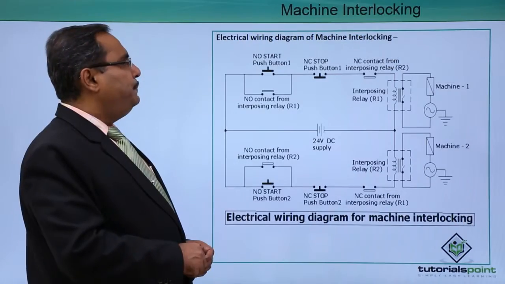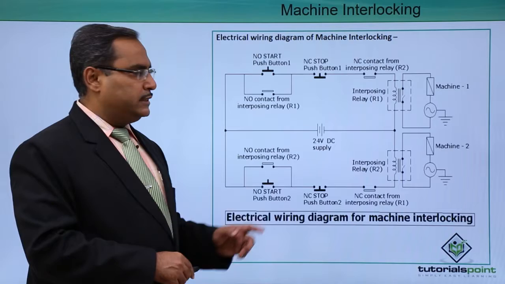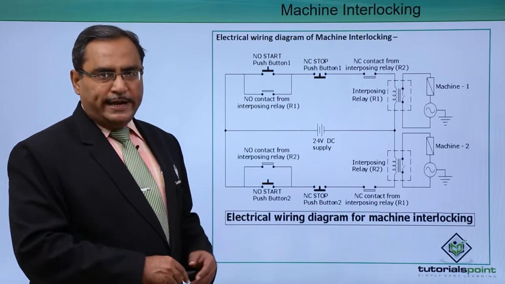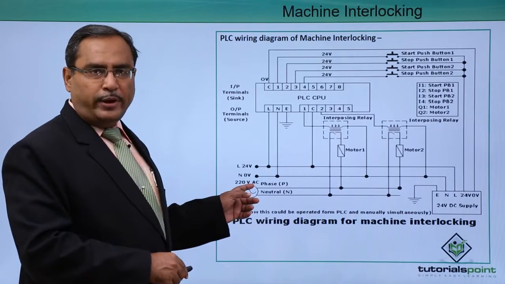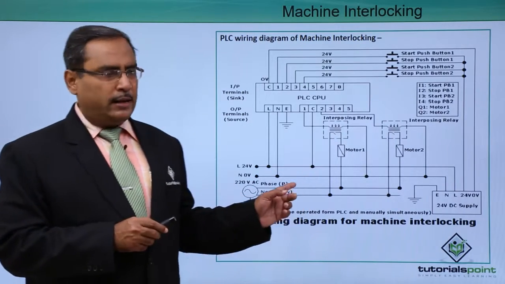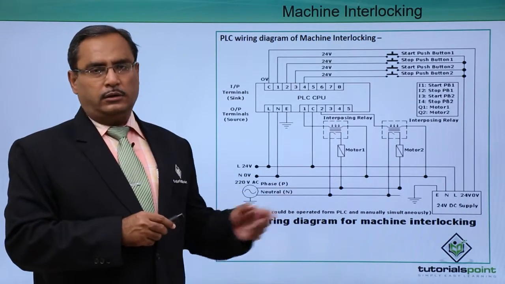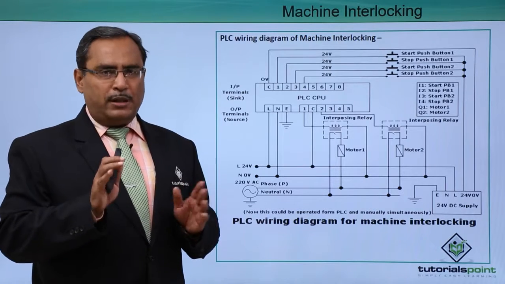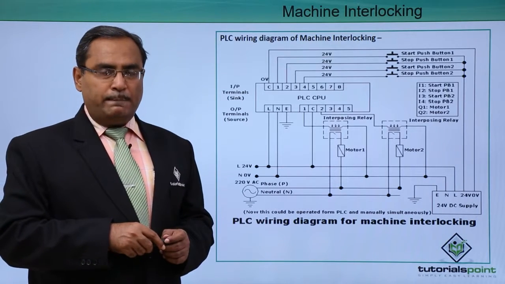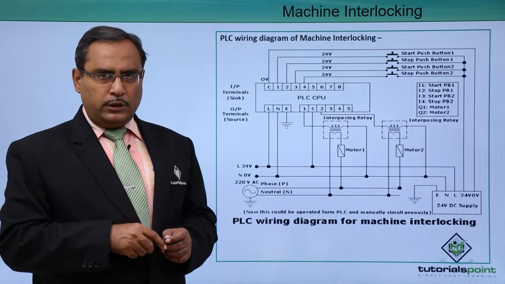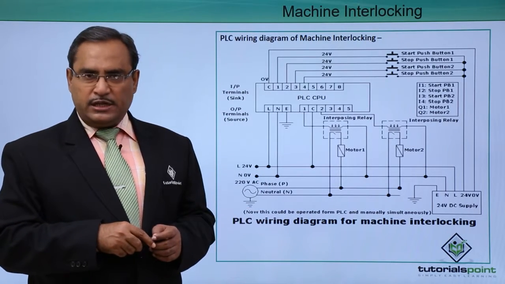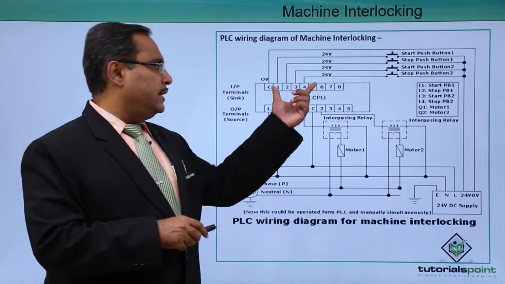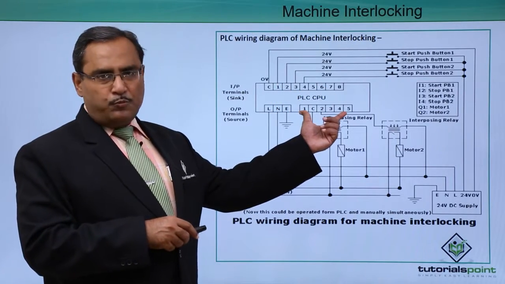Let us look at the PLC wiring diagram of this machine interlocking circuit. This wiring diagram on the slide is one sample; depending upon the PLC model and other accessories, it might have some changes. Here are the input contacts and these are the output contacts.